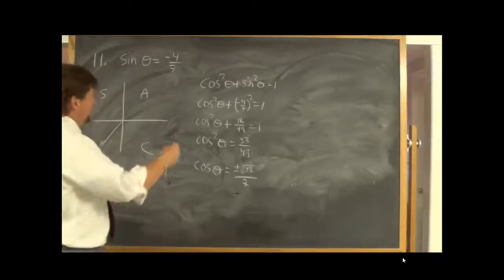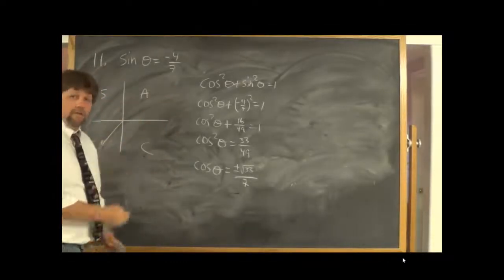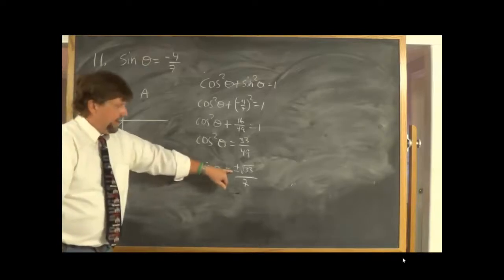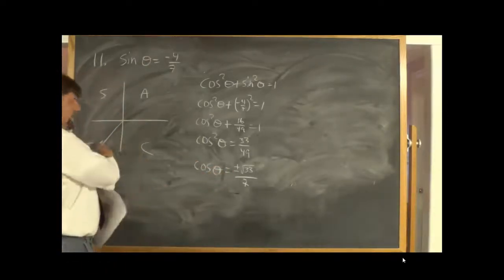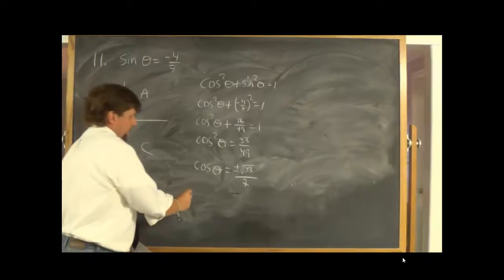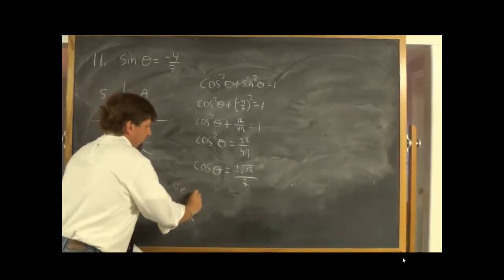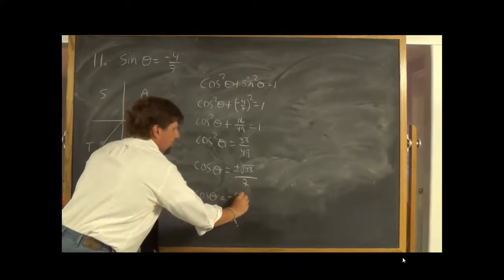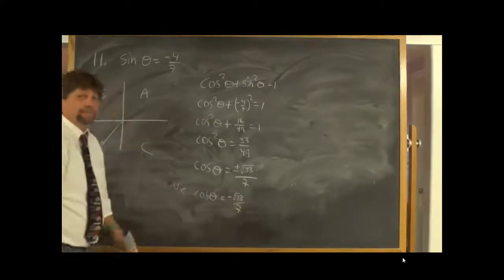But since theta terminates in quadrant 3, I know cosine has to be negative because tangent's positive in quadrant 3. So for this problem, we will use the cosine of theta is negative square root 33/7.